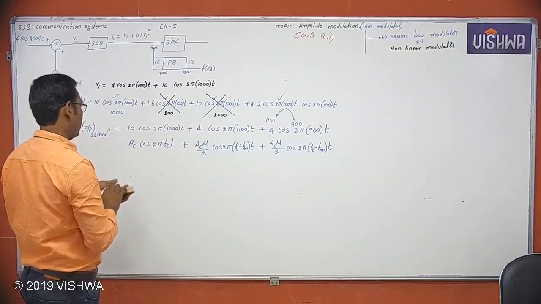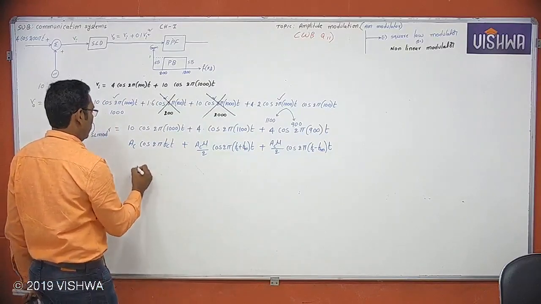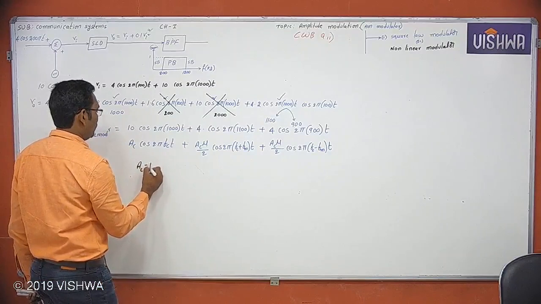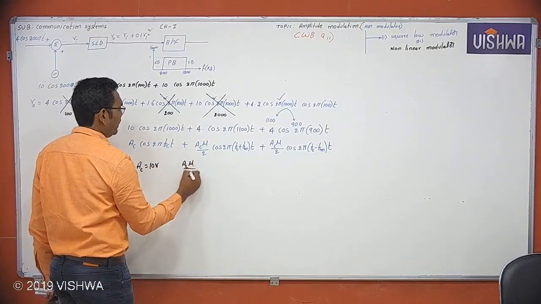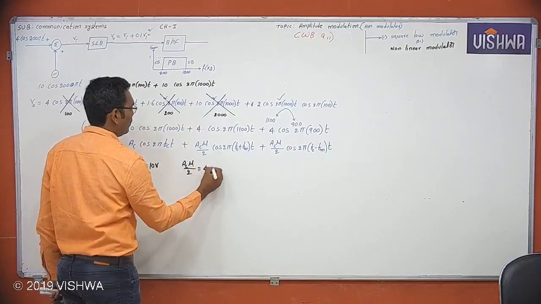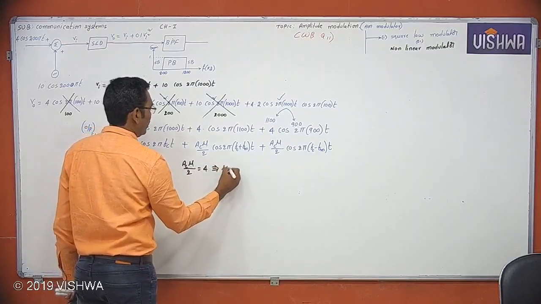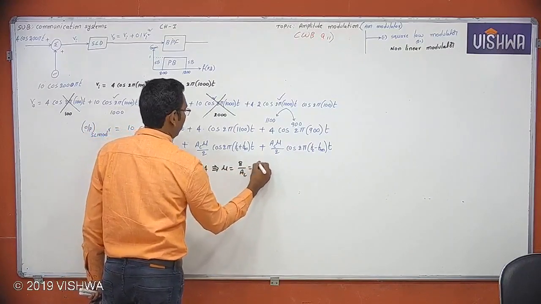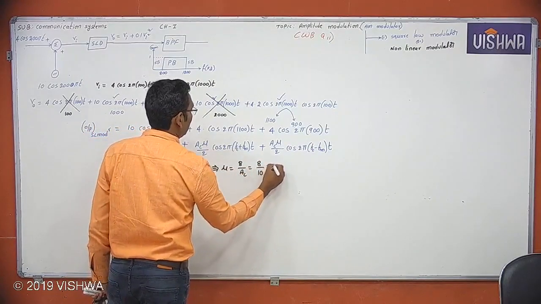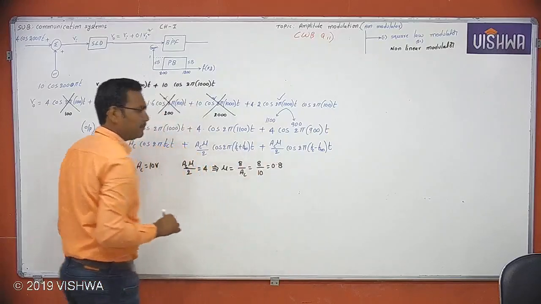Now Ac equals 10 volts. Ac mu by 2 equals 4. Therefore mu equals 8 by Ac, which is 8 by 10, which is 0.8.